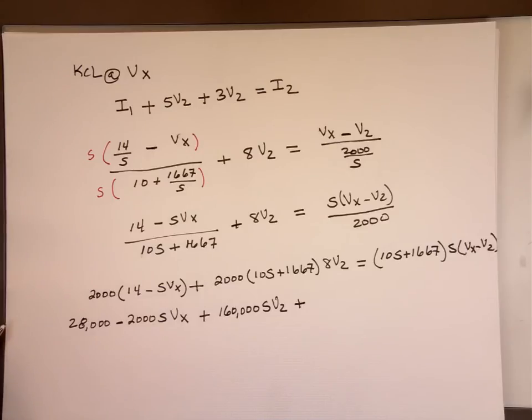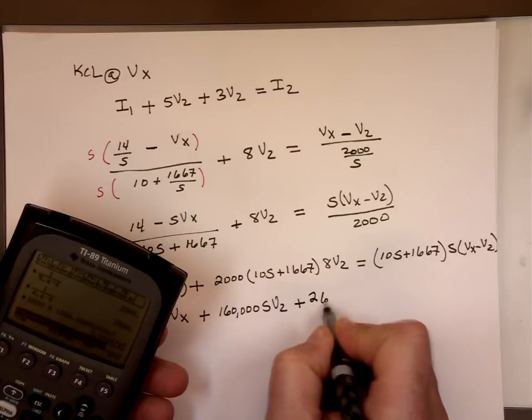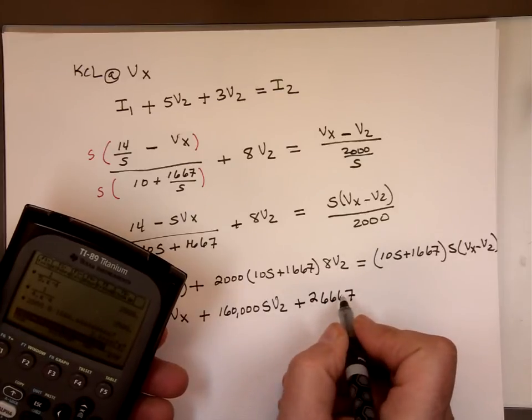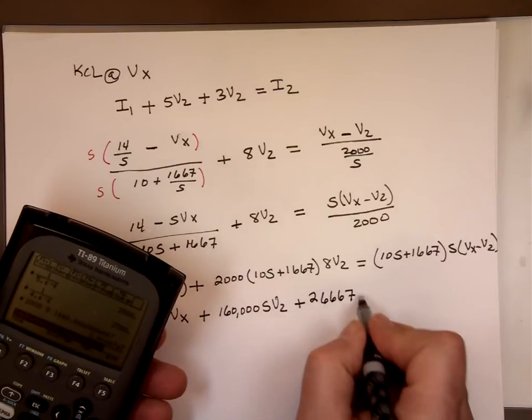Got even uglier. What did you get? 2, 6, 6, 6, 7, roughly. Let's see. 6, 7 V2, something like that.